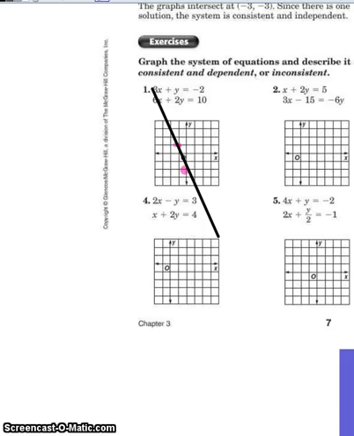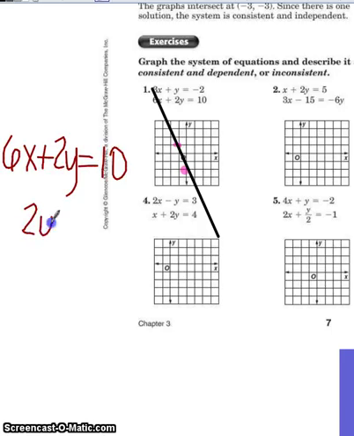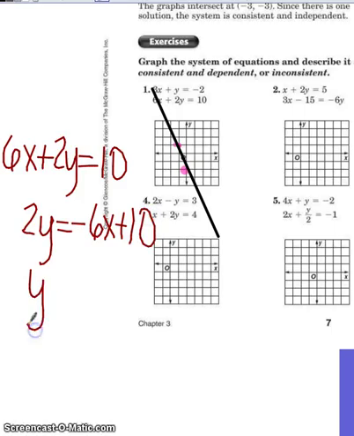For my other line, I have 6x plus 2y equals 10. So if I solve, I'm going to have 2y equals negative 6x plus 10. Divide everything by 2, and I'm going to have y equals negative 3x plus 5. So where am I going to put my first point? That's correct.